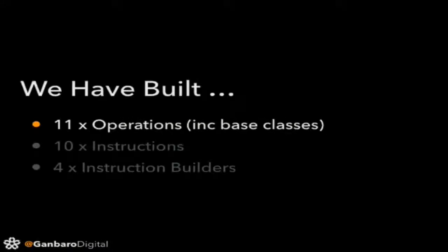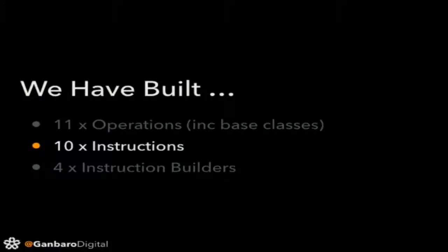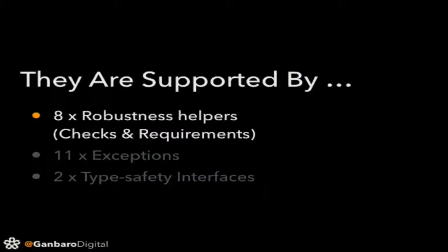To break that down, we've built the whole library as a total of 11 operations, including the base classes. There's 10 instructions, including base classes. 4 factories, 4 instruction builders. To make all that work, we're supporting those with 8 robustness helpers, broken up into checks and requirements.